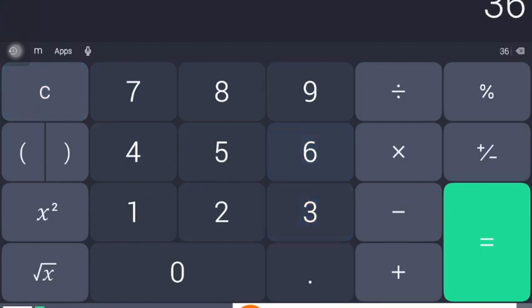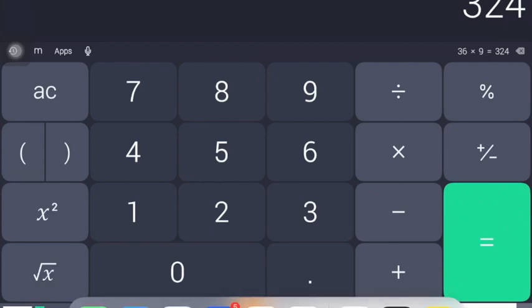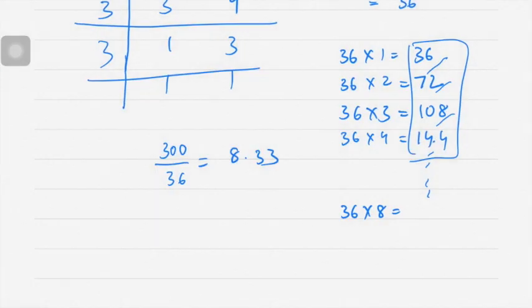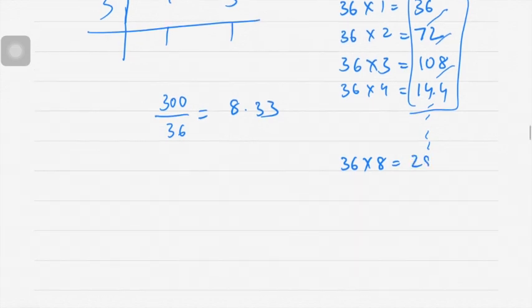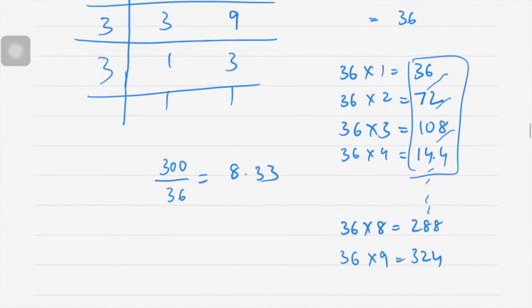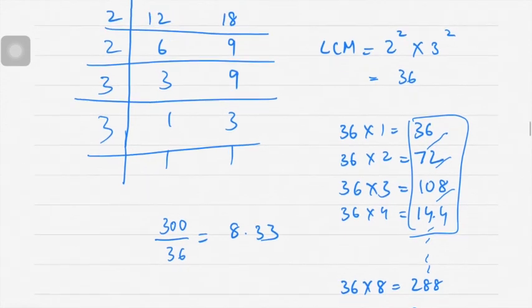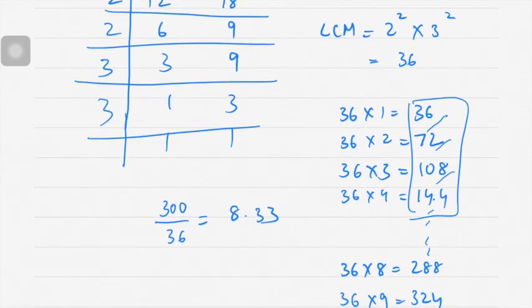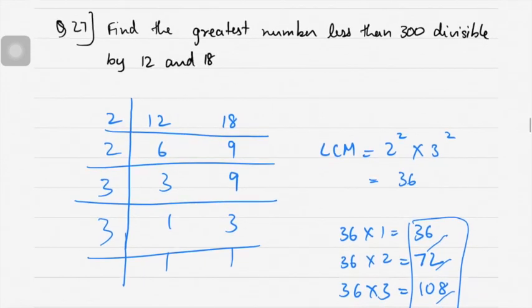And let's calculate 36 into 9. 36 into 9 is 324. So 36 into 8 is 288 and 36 into 9 is 324. So 300 is in between 8 and 9, right?